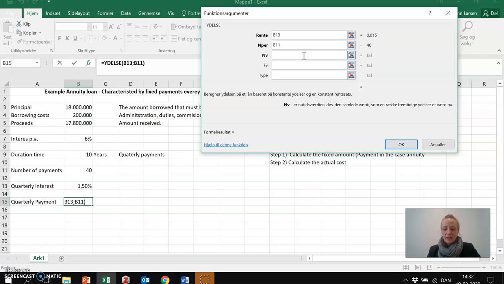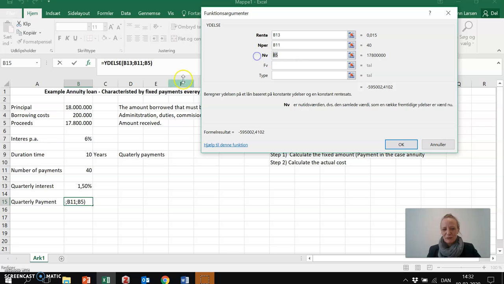The present value of this would be the proceeds. The future value of what you have to pay back, I'm putting a little minus in front here, would be the 18 million. I think I made a mistake.